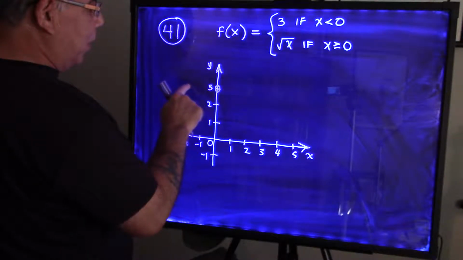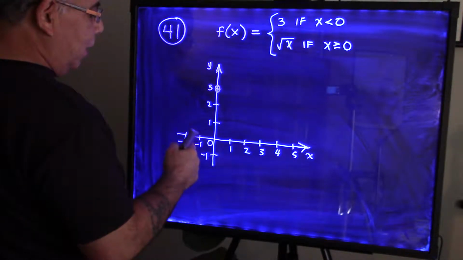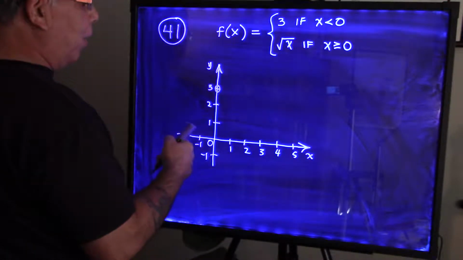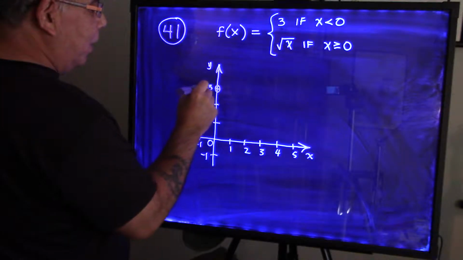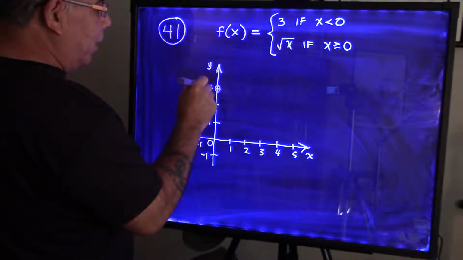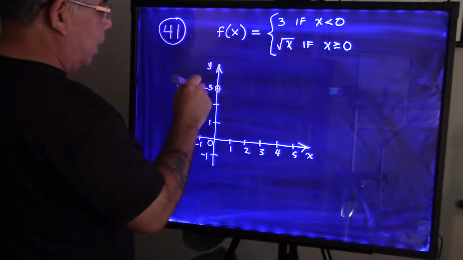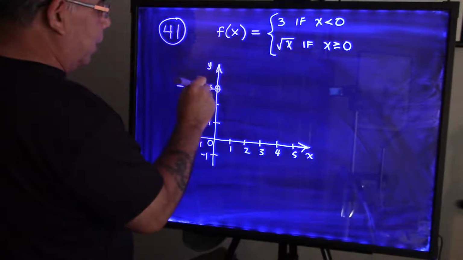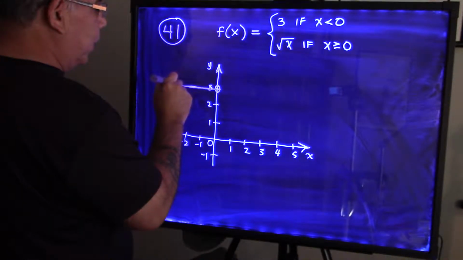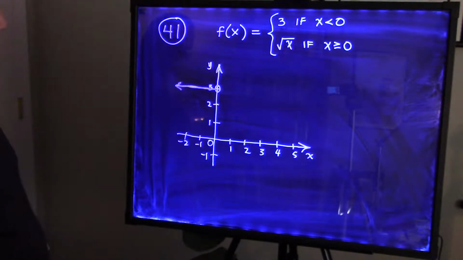Now it equals 3 if x is less than 0. So it's always going to be 3, y equals 3, no matter what the x value is to the left of 0. So you would just plot that as a horizontal line. Right, like that. And it keeps going like that.